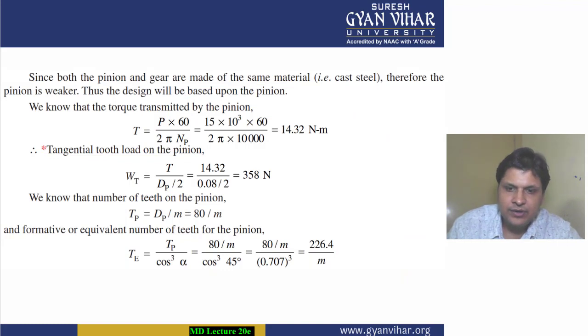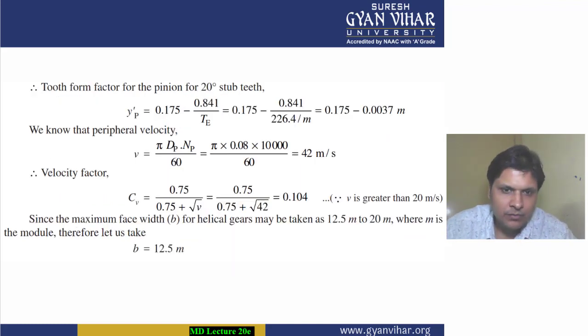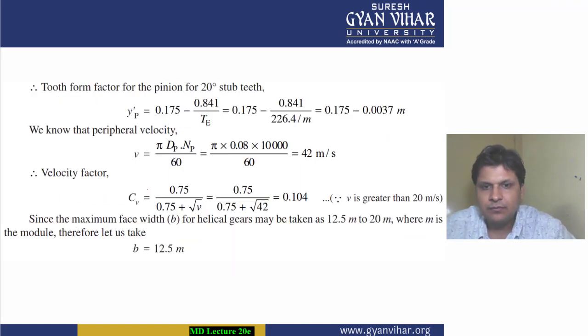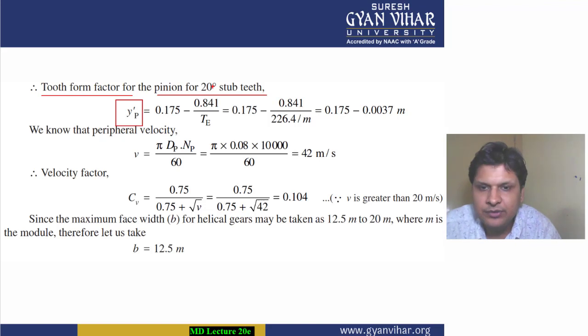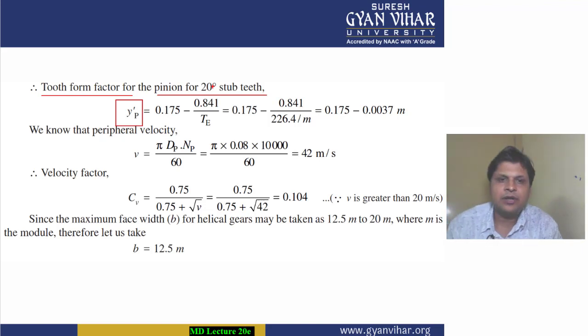Moving further, students, tooth form factor. Now we will calculate Yp dash, the tooth form factor. Since in the question the type of teeth of the gear is 20 degree stub teeth, if you look in the machine design data book, in the table for calculating the tooth form factor, for 20 degree stub teeth the value of tooth form factor is given by this expression.